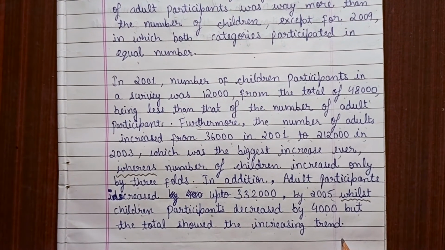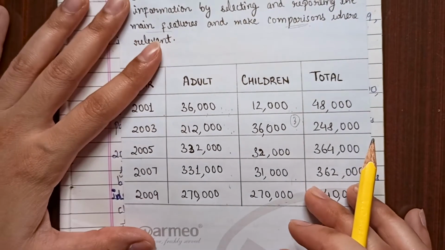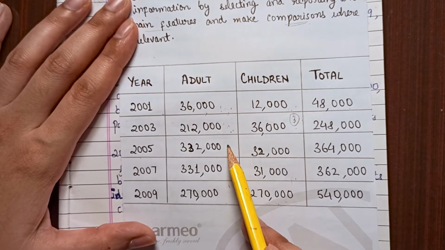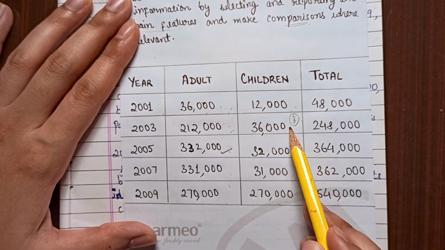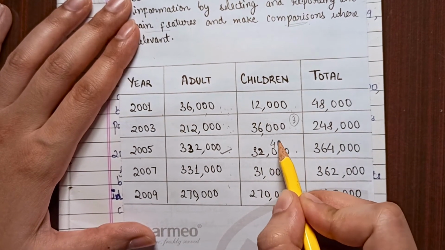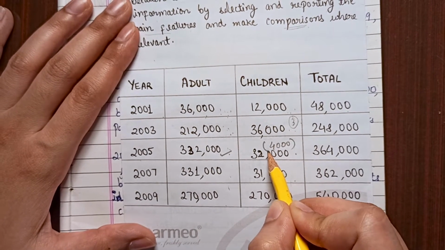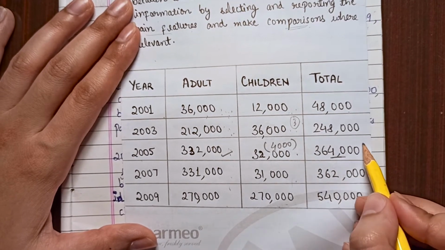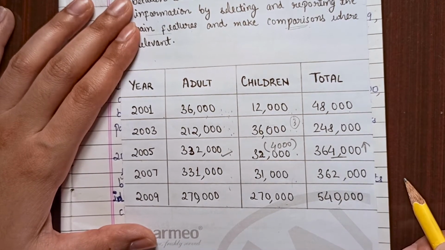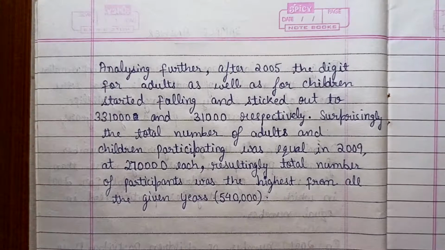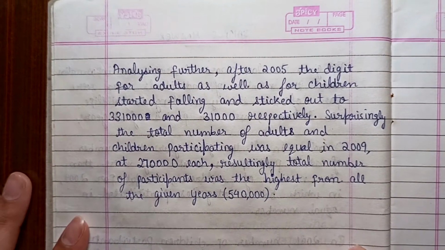You can see here, adult participants increased to this, and there was a decrease of 4,000 in the children participants, but the total figure showed the increasing trend. Moving to the next body paragraph.